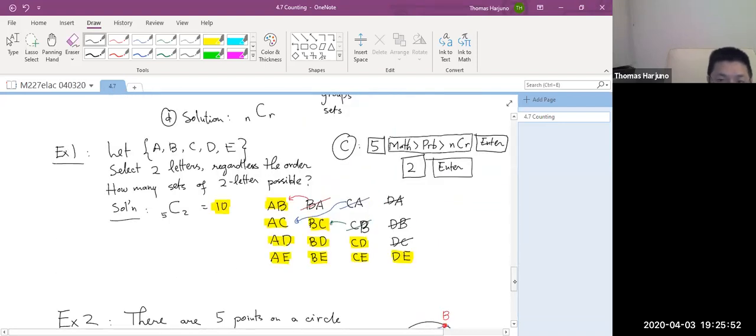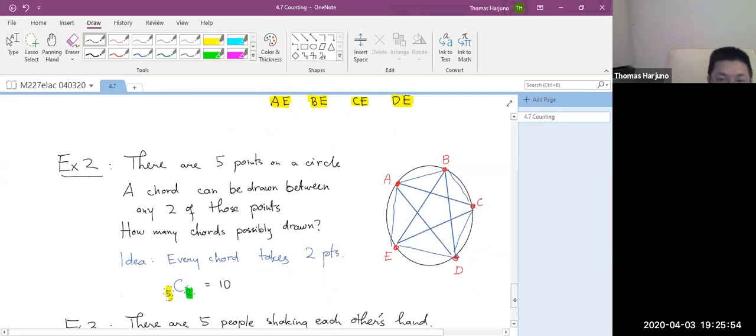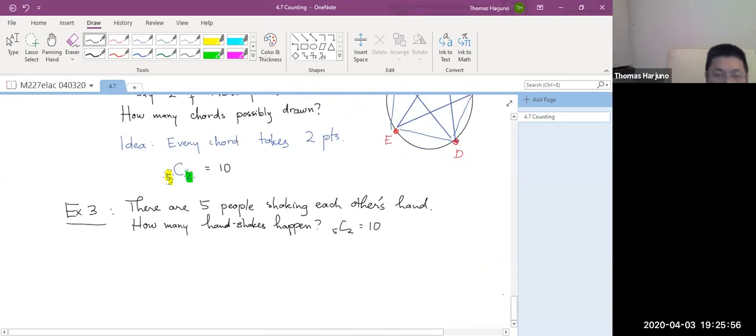A, B, C, D, E, geometry, handshakes, and suppose, for example, those who like to play basketball, for example, there are 5 teams in a competition.